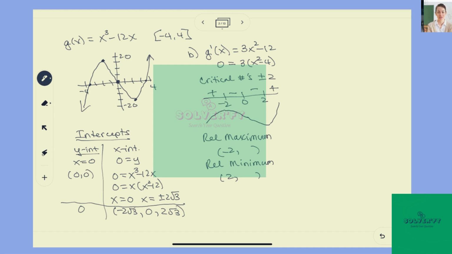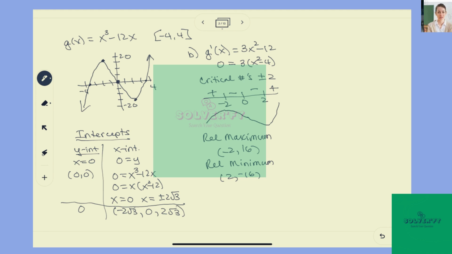And I just put those values back into my original function g, and that's going to give me 16 and -16 for the y coordinates. Okay, what else do I need?